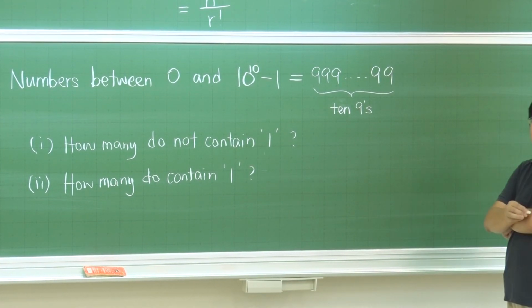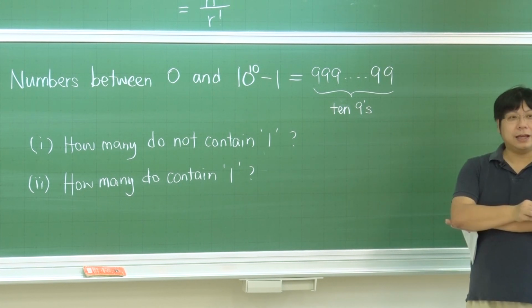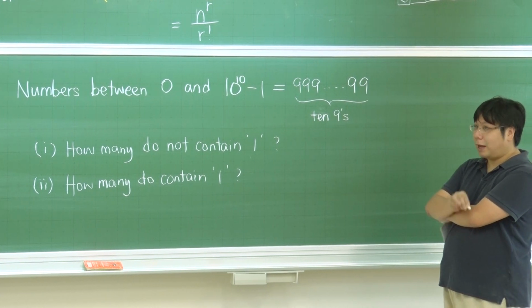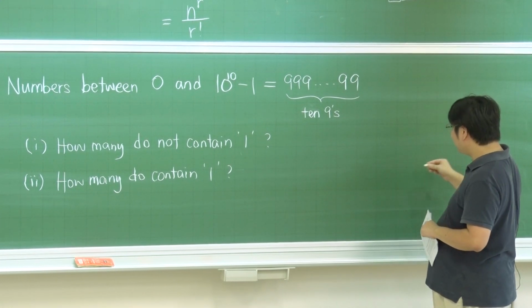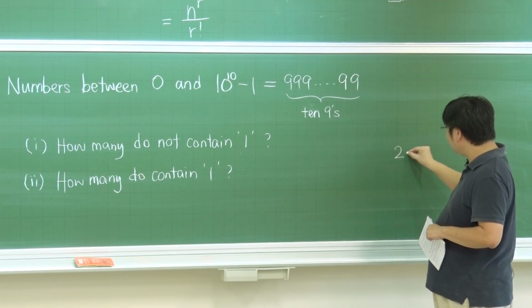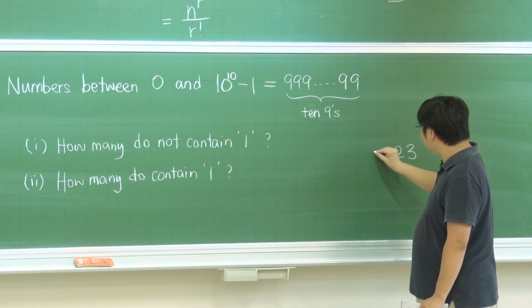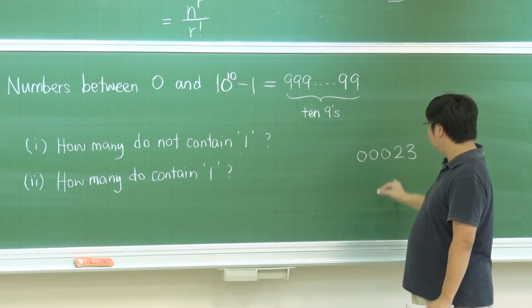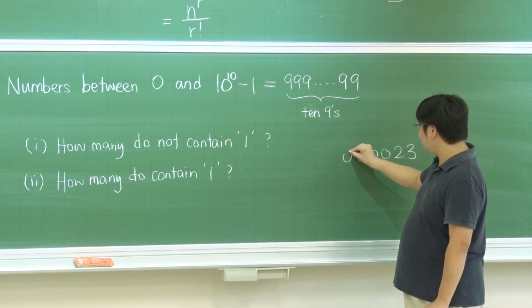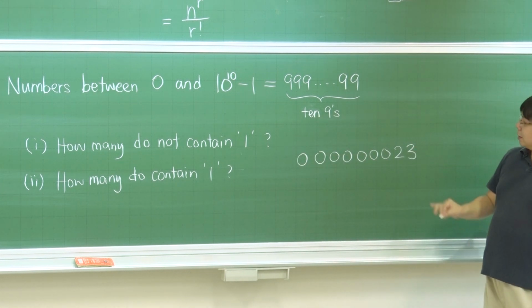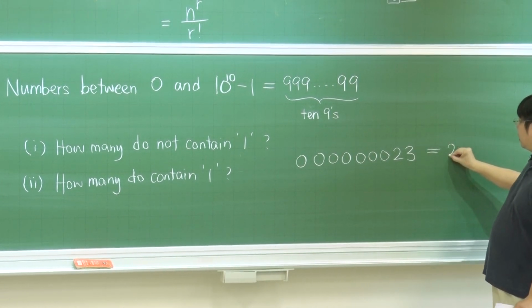Let me give you a hint. You can think of each number here as a 10-digit number. Every number is a 10-digit number. For instance, you have a number 23. How do you think of it as a 10-digit number? You add enough zeros at the beginning. So 0, 0, 0, 0, 0, 0, 0, 0, 2, 3 represents 23.